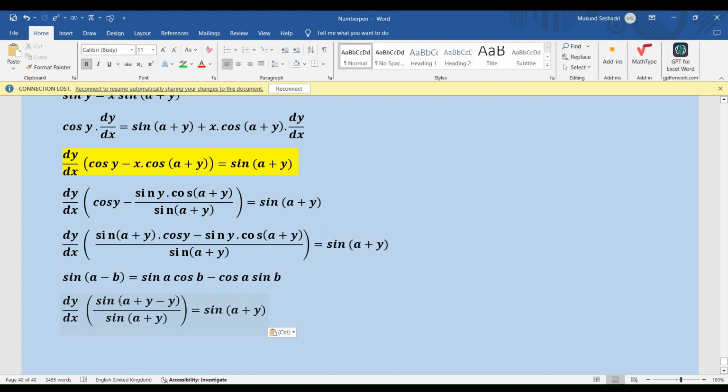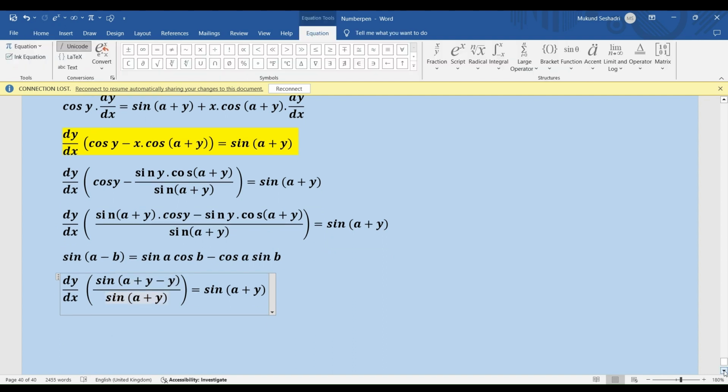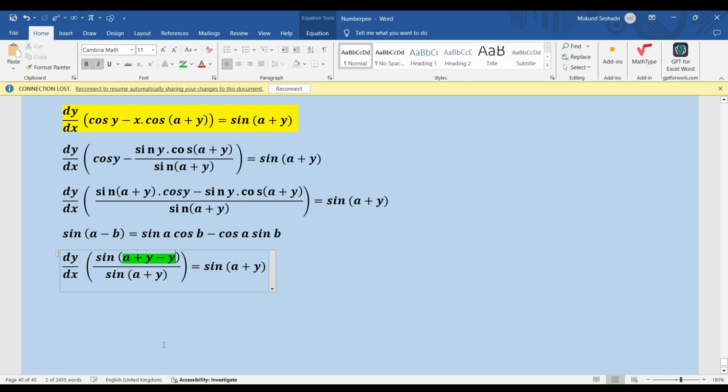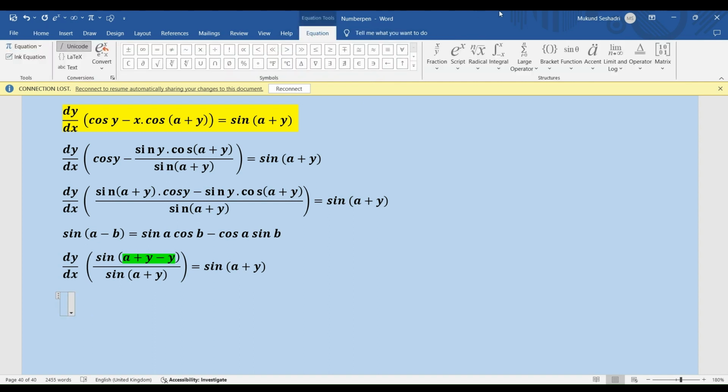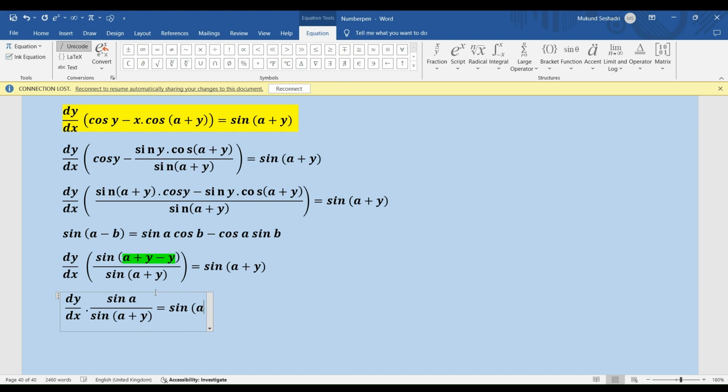Now my sin(a + y minus y) is nothing but sin a, right? I'm referring to this expression here. Let me highlight it in green. And now I've more or less arrived at what we want to arrive at. So my dy/dx into sin a by sin(a + y) is equal to sin(a + y), right?